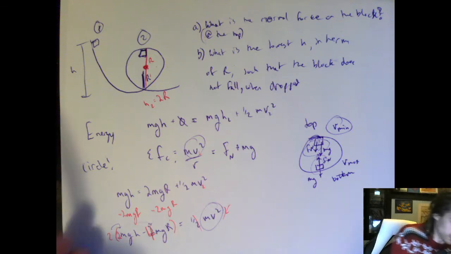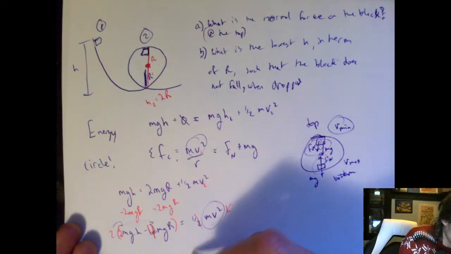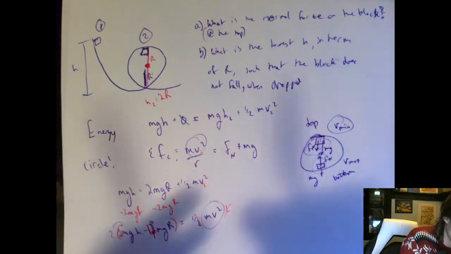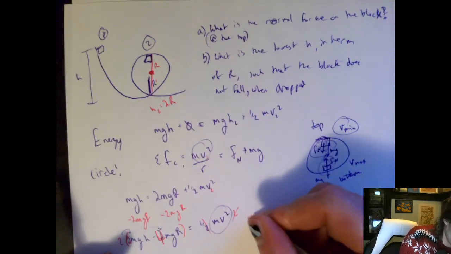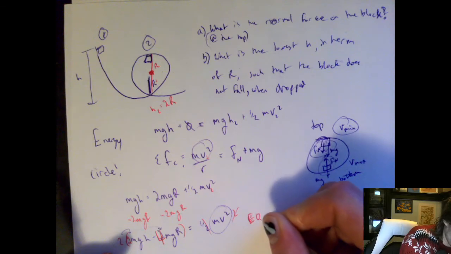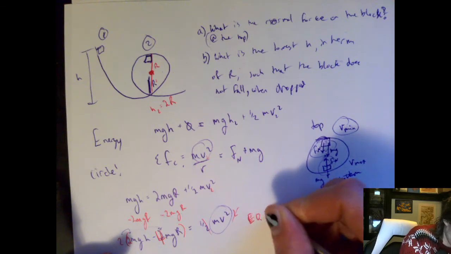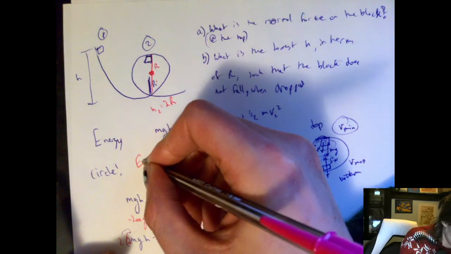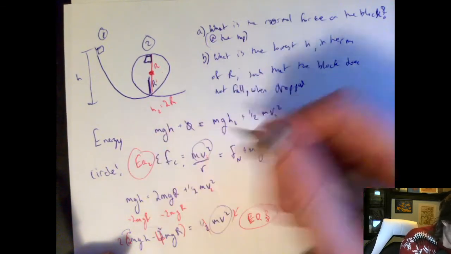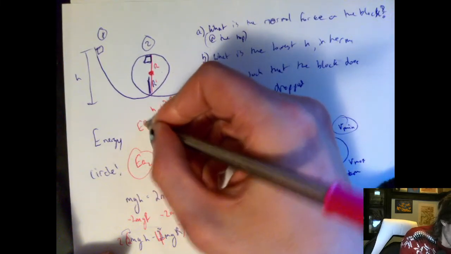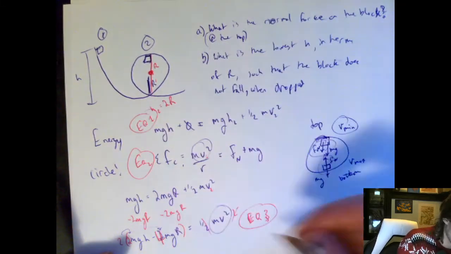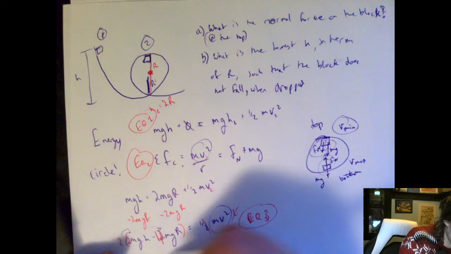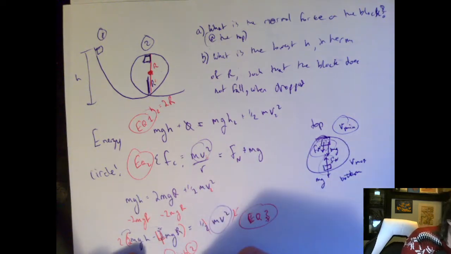So doing that out, what we can get is, so if we call this one equation 3, and this one equation 2, and this one equation 1, we can plug 3 into 2.